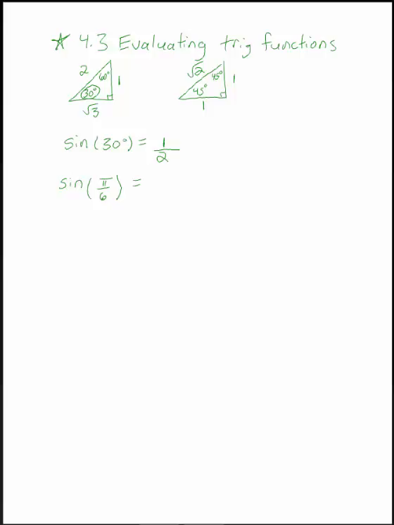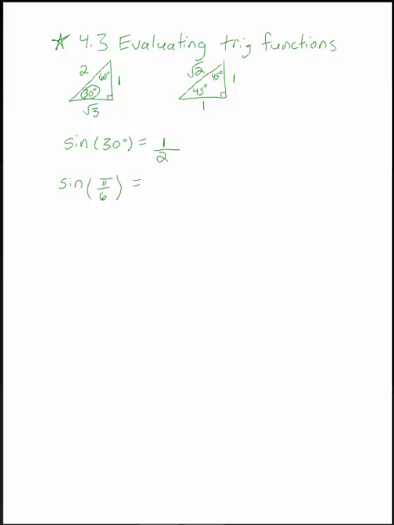Usually when I'm doing these problems myself, I'll have the 30, 60, 90 and 45, 45, 90 triangles drawn out on the top of my paper, like I do here on these notes. And if I'm evaluating a trig function at a specific angle, I'll usually think about what it is mentally in degrees first, and then figure out what the answer is.